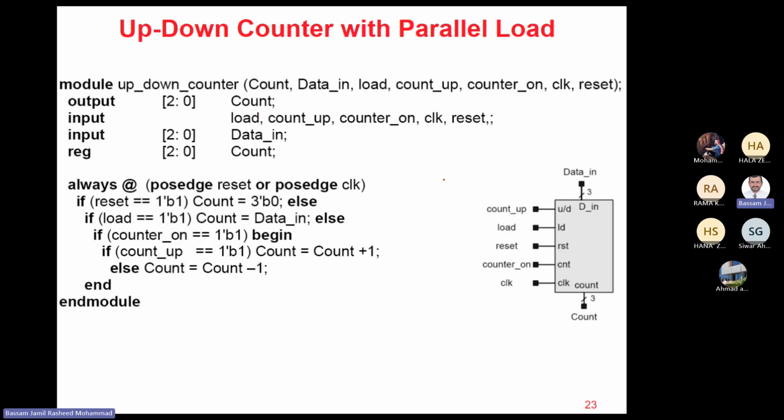This is an example of an up-down counter, which again uses a control signal that tells me whether I should count up or count down. This design also allows me to preload the count with an initial value.